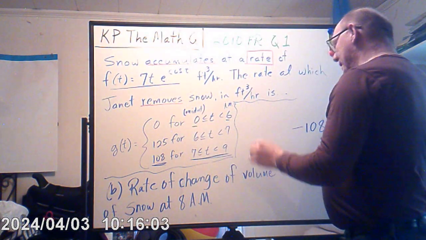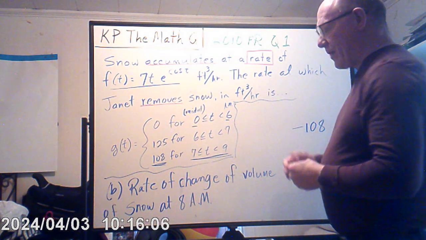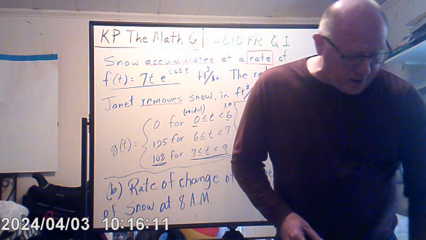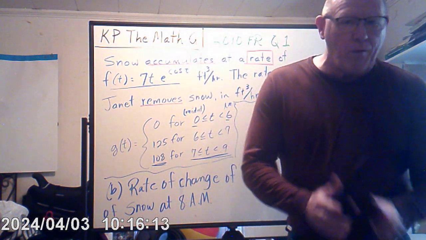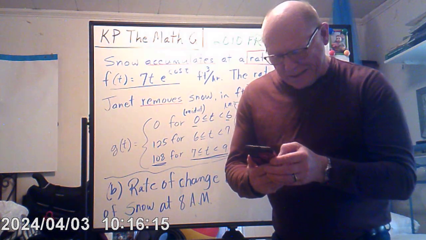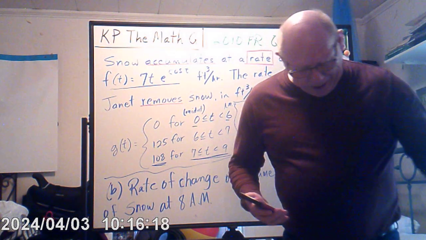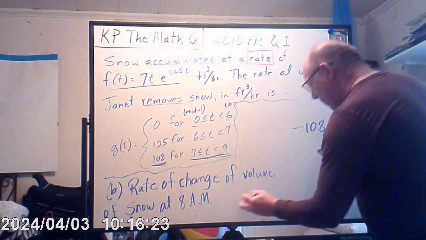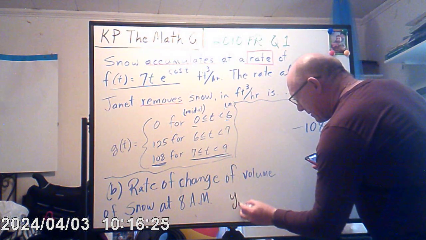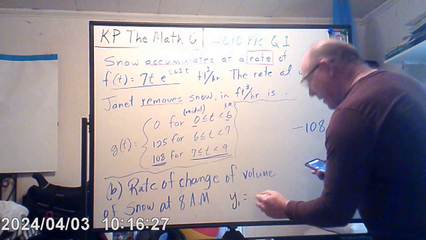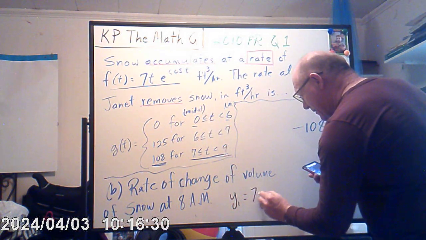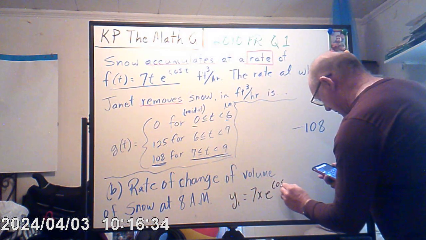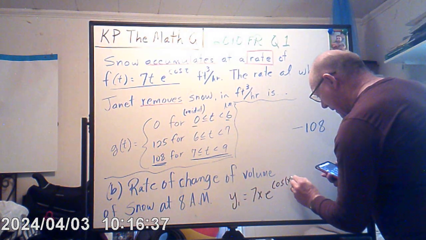Now one thing that we can still do is use the y bar, since I've already got this located in y1. I'm sorry you cannot see that, but I have here y1 is equal to this function, 7x e cosine of x, like that.